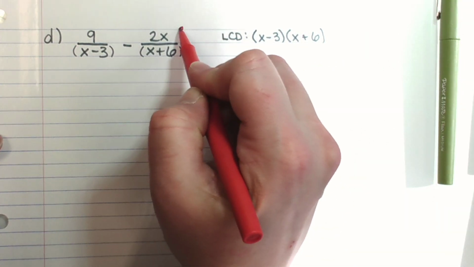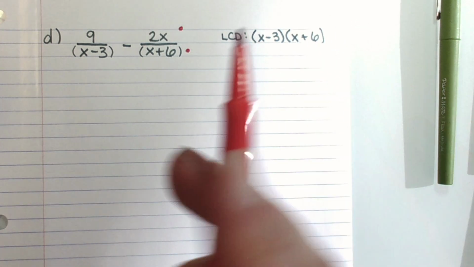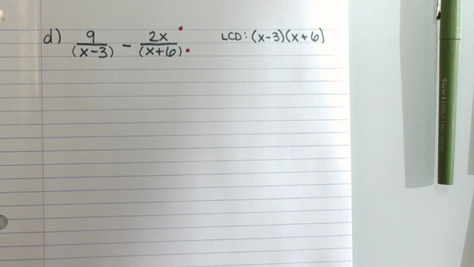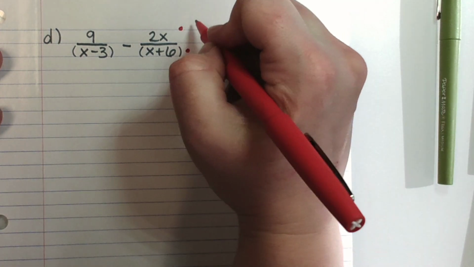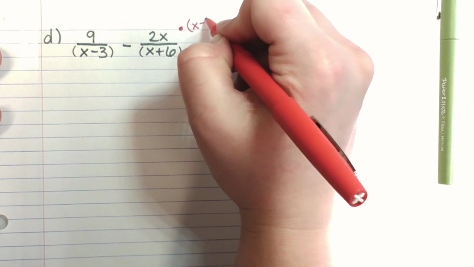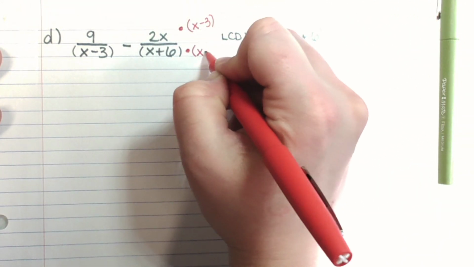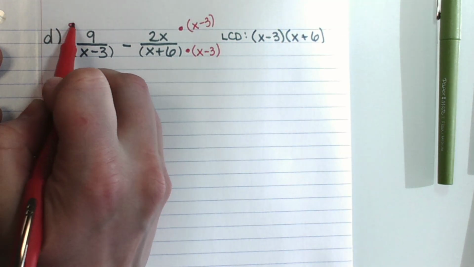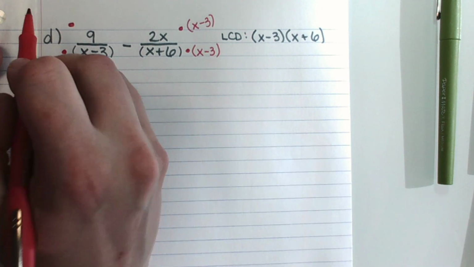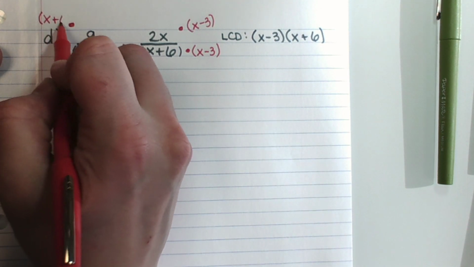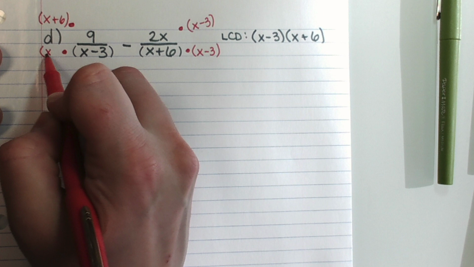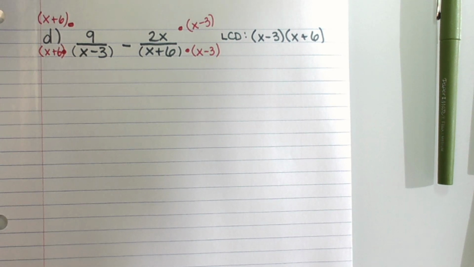What needs multiplied by the second fraction? What's it missing? X minus 3 in parentheses. What's missing on the first one? X plus 6 in parentheses. Do the parentheses actually make a difference here when you're multiplying?